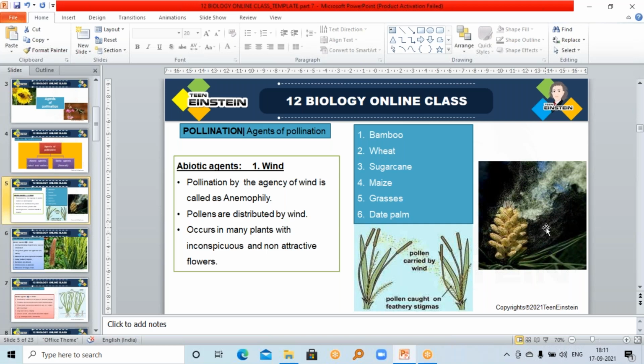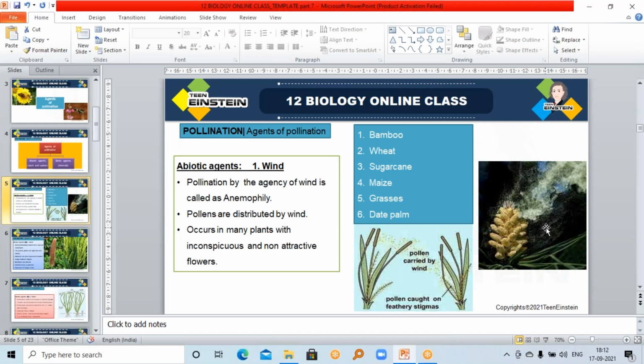In this, the pollen is transported by air currents. When air currents come, these pollen grains are carried from one individual plant to another plant through the air current, right? When the air current is passing, the pollen grains from one flower reach another flower or another plant.